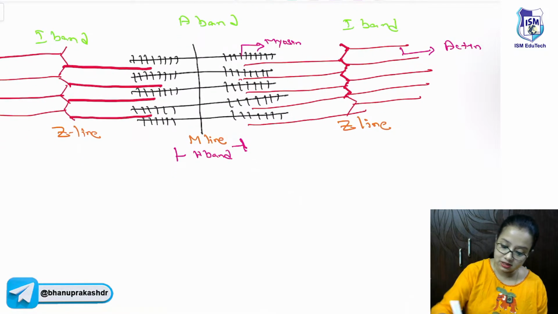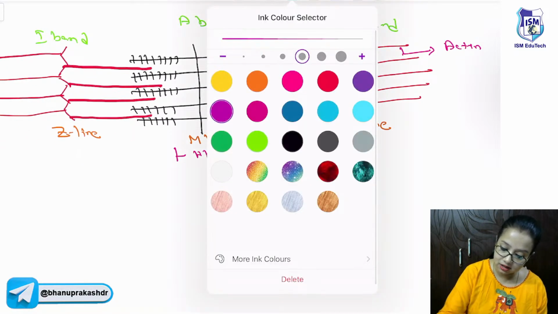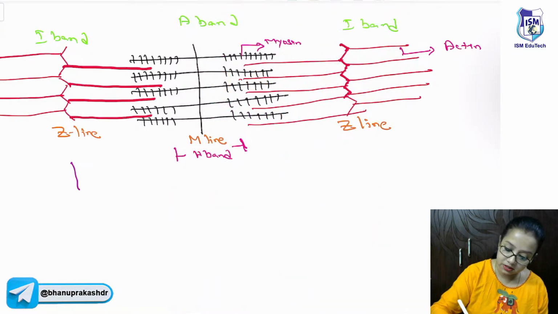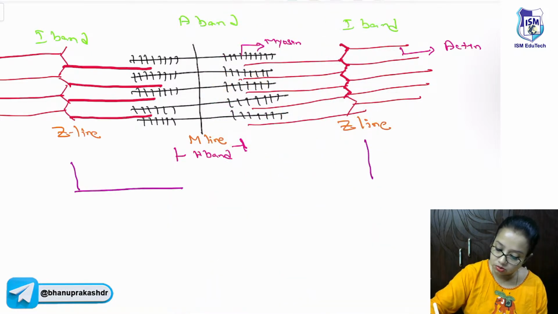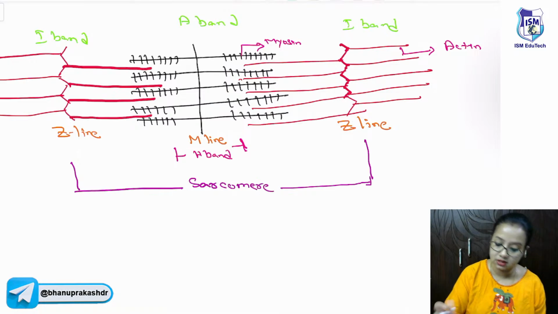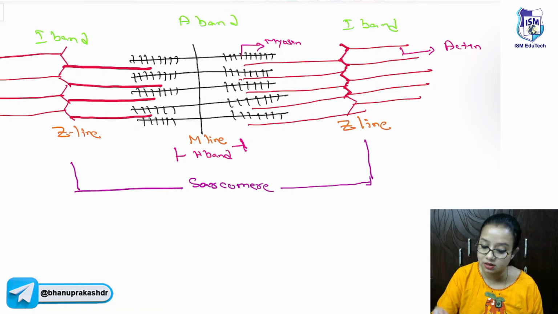Now, this region or the area which is between two Z lines is called the sarcomere.